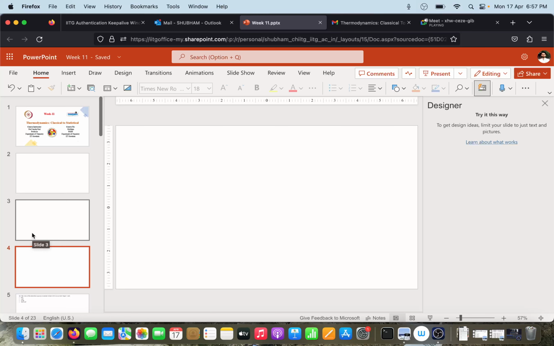And for an adiabatic reversible process for ideal gas, PV to the power gamma is equals to constant. There are other formulas like T V to the power gamma minus 1 is constant. So these two formulas apply well for the adiabatic reversible process, where gamma is equals to Cp by Cv, heat capacity at constant pressure divided by heat capacity at constant volume.